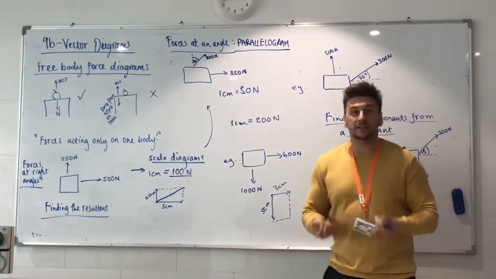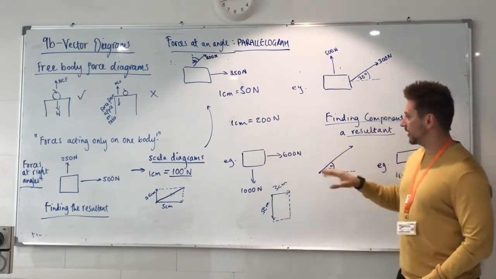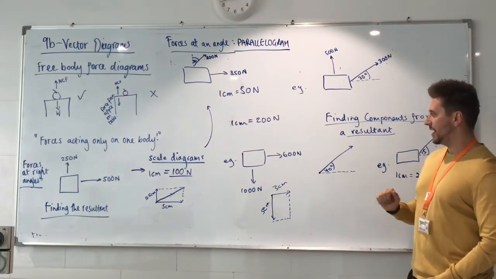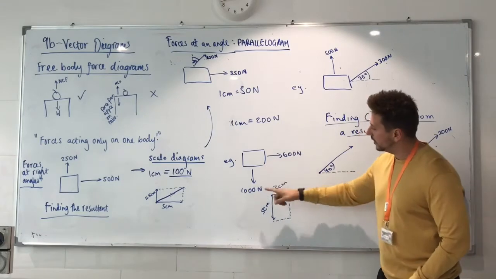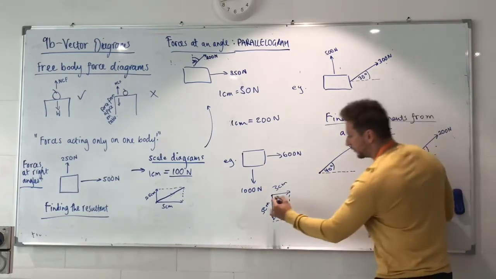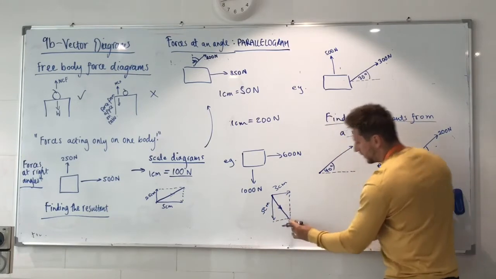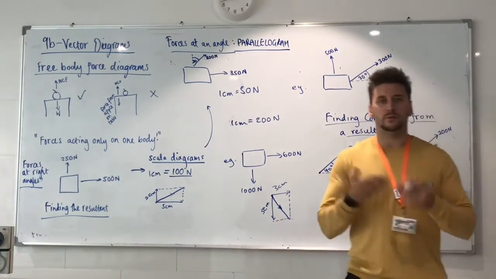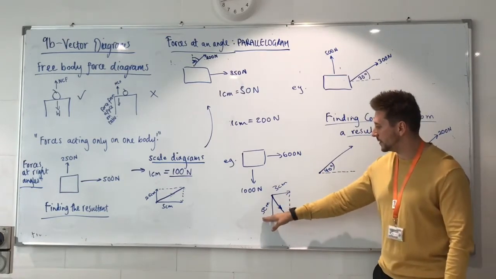Where do I expect the resultant force to be? It's this way. If this is an object with those two forces acting on it, I know that it's going to move in this direction, but it will be closer to the 1,000. So I go from this corner to this corner, measure that resultant force with my ruler, and then multiply it again. It has to be bigger than 5 centimeters.